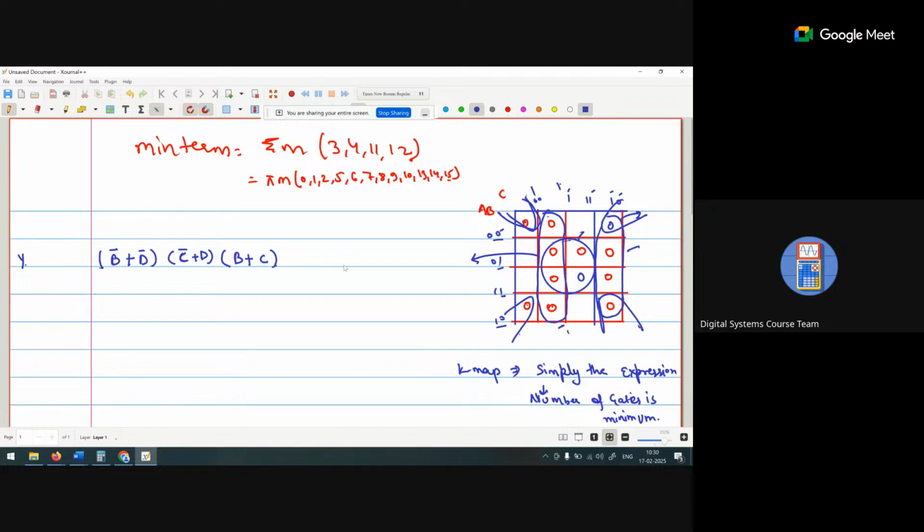In the examination, you just create all the groups, then simplify in rough work and verify that your maximum possible simplification is similar to your K-map answer. If both are the same, you can say that your answer is correct. You can do that part in the rough work.